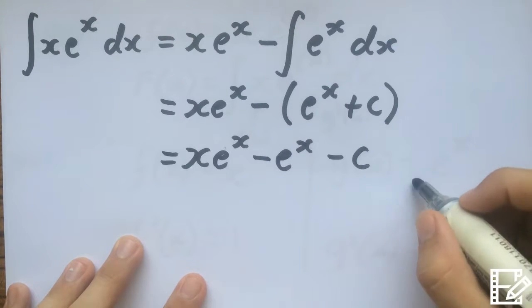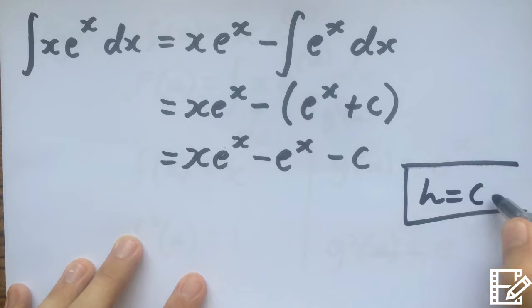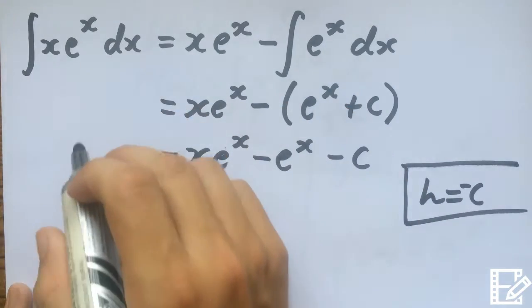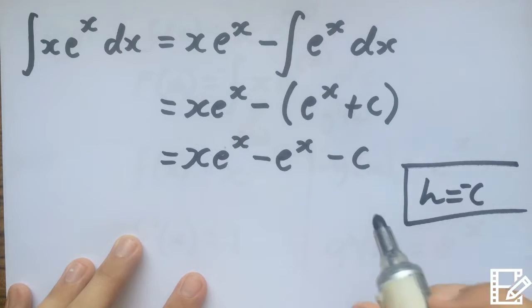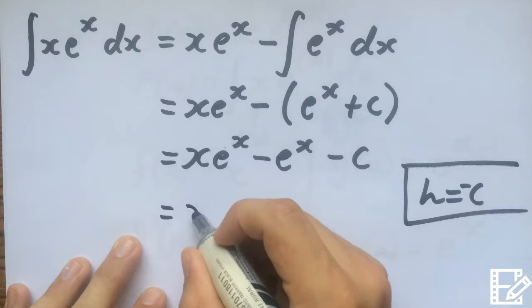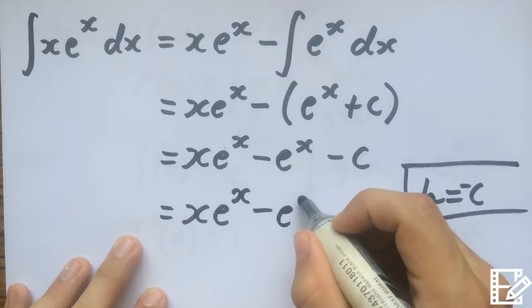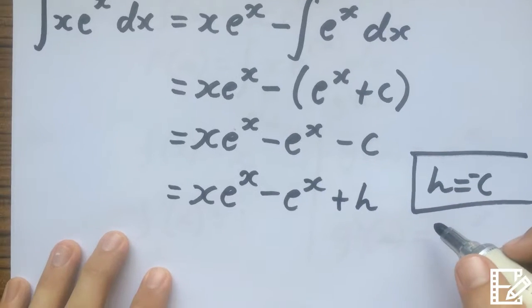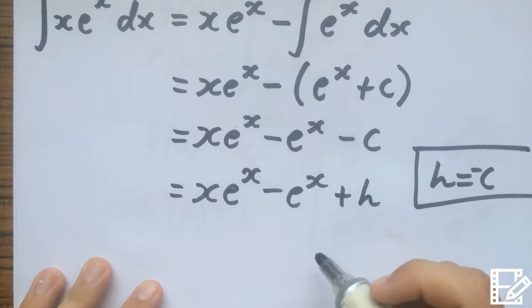So I'm going to write a key that says h equals negative c. Just like how you have f(x) will equal this and g dash x will equal that, I'm saying h will equal negative c. That way, we can have x multiplied by e to the power of x minus e to the power of x plus h. Because I like to have a positive constant.